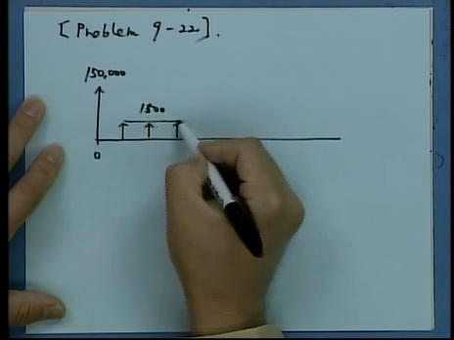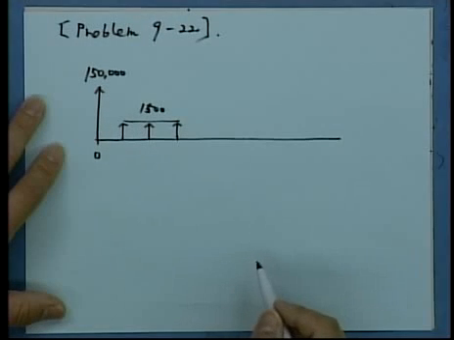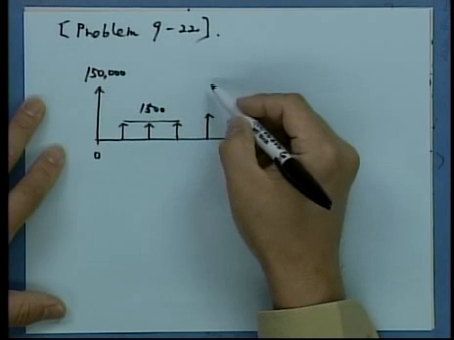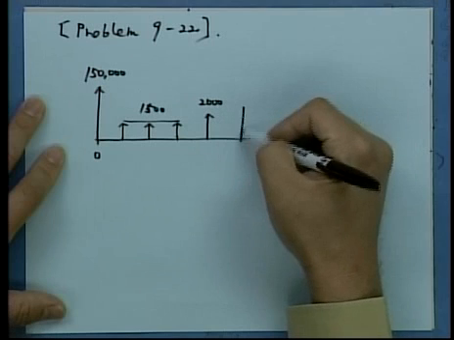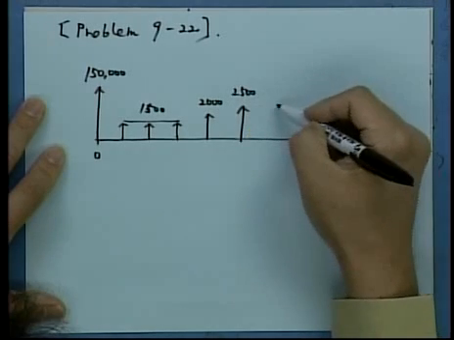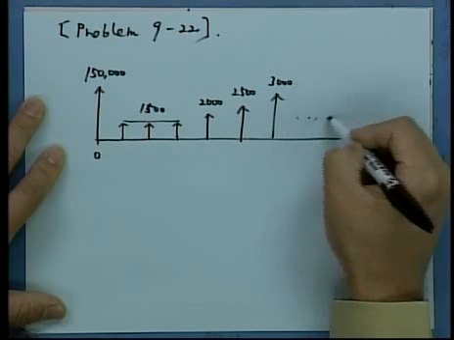And then it increases by $500 per year for the machine's 10-year life. So it's going to be 2,000 next year, 2,500 next year, 3,000, and so on.